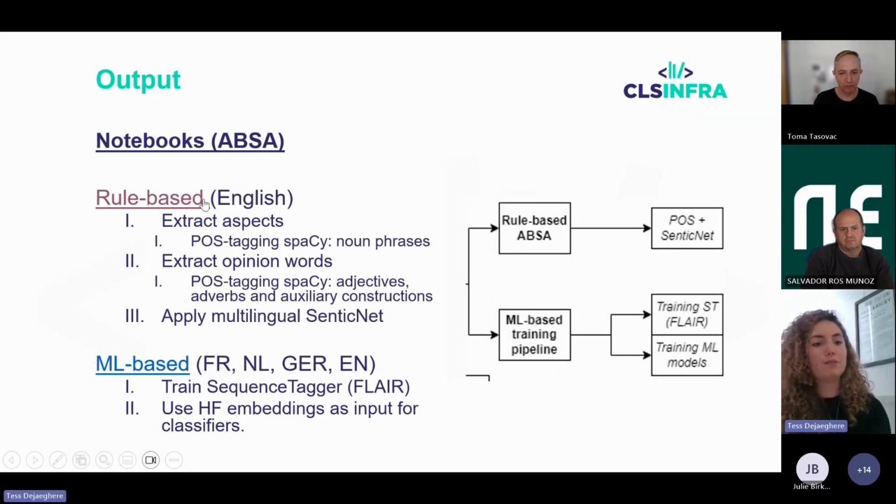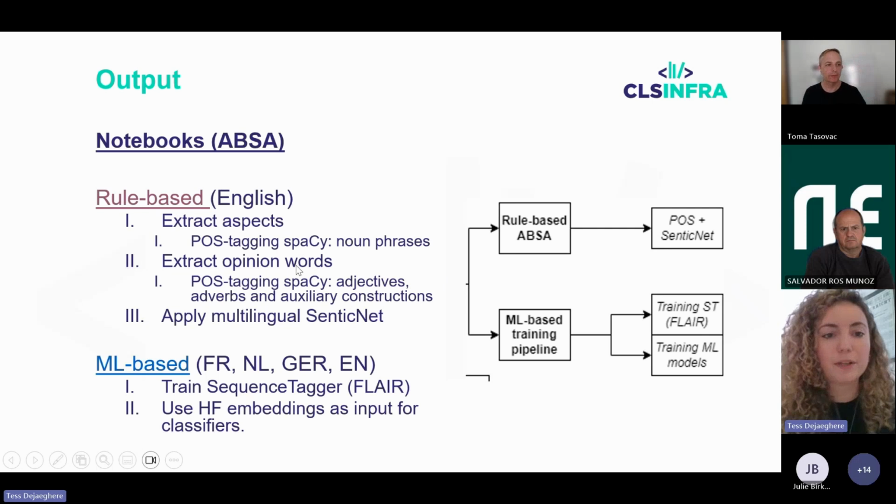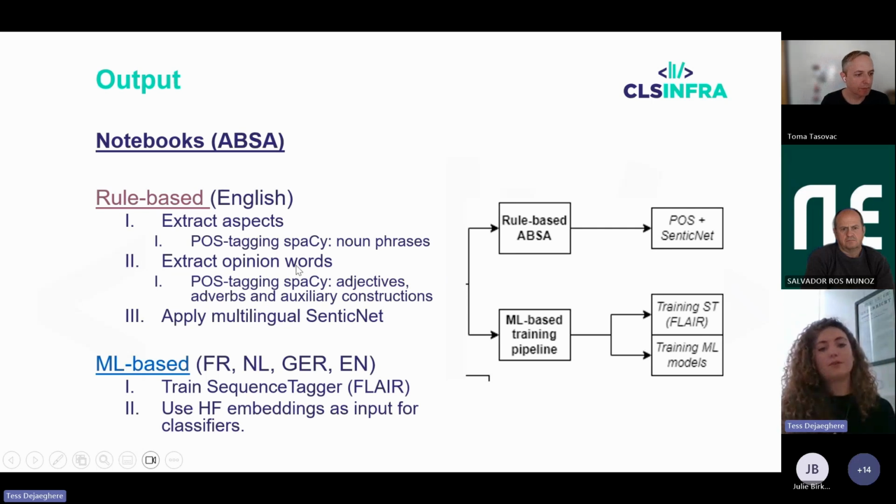Then we also have a rule-based notebook, which maybe I'm not going to open because it simply shows you how to perform part-of-speech tagging with spaCy to extract noun phrases as aspects, and then you can extract opinion words using a similar methodology. We define opinion words as adjectives, adverbs, and auxiliary constructions.